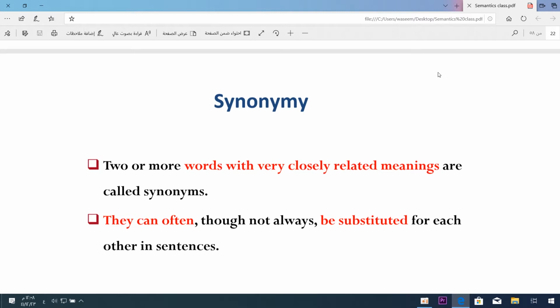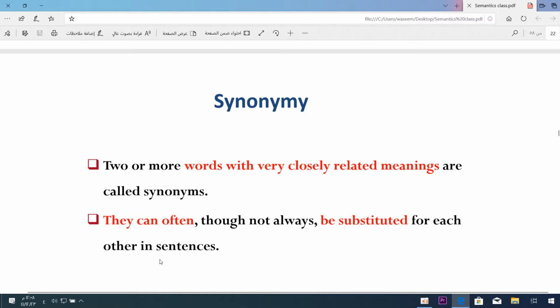But the point is that they are similar to some extent. Despite these little differences between them, we still call them synonyms. They can often, though not always, be substituted for each other in sentences. They often can be used interchangeably, but not in all contexts.